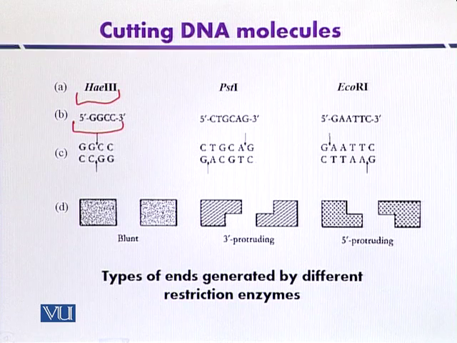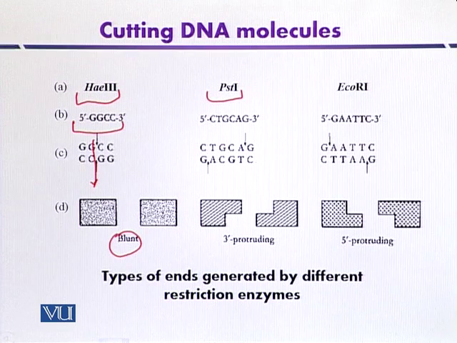For convenience, a recognition sequence can be represented by even a single strand, like 5' to 3'. So HaeIII recognizes GGCC, and when it cuts the DNA at this recognition site, it produces a blunt end. Blunt end means there are no single-stranded protruding overhangs.